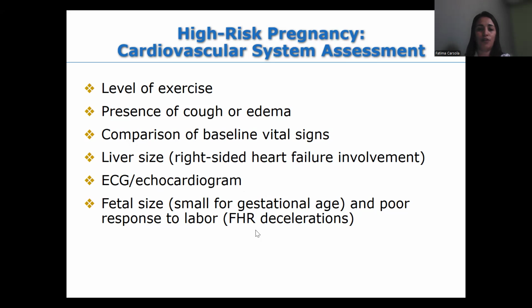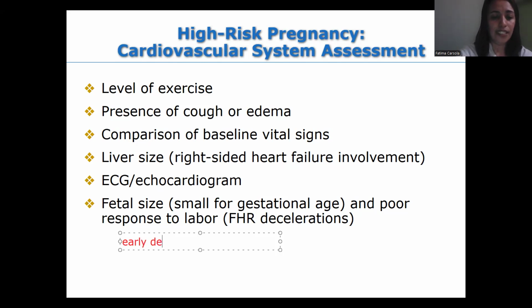So there are also fetal heart rate decelerations. Let me just discuss a bit. You have early decelerations.